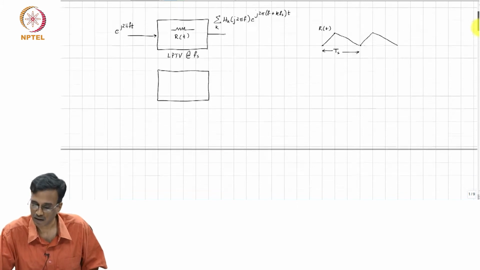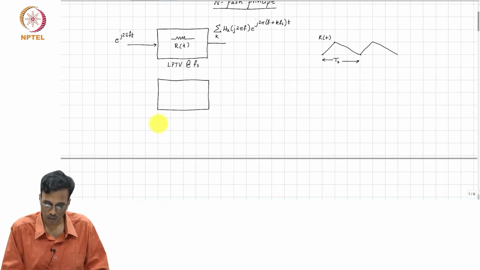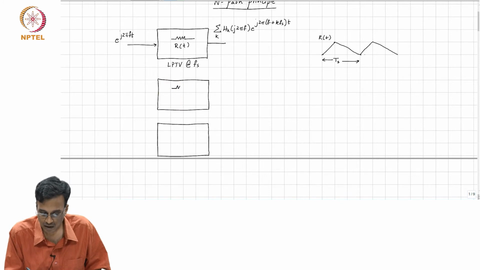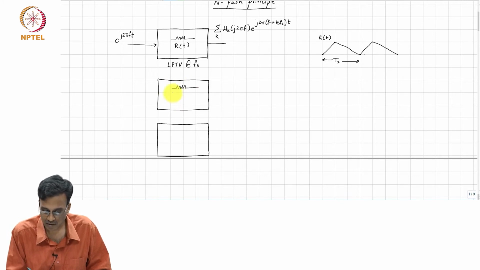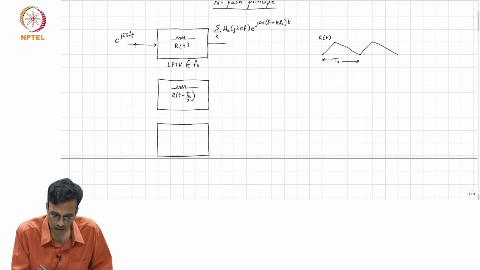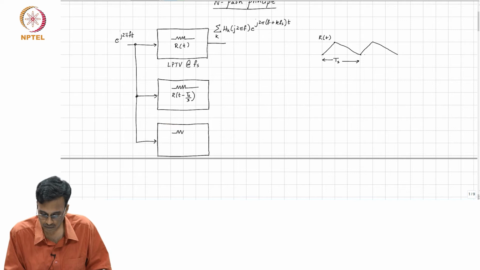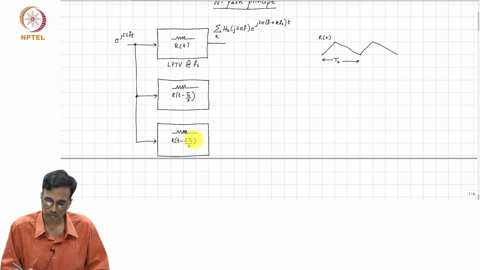Yesterday we looked at the example where n was 3, and here the time variation was shifted by Ts by 3, R of t minus 2 Ts by 3.